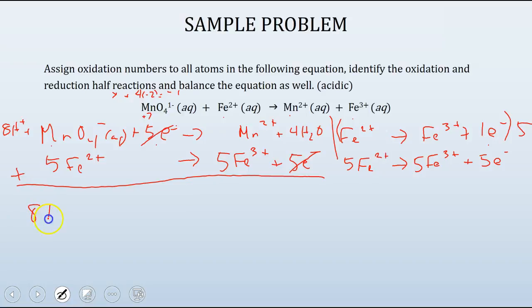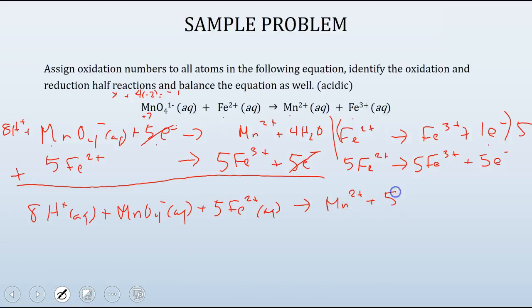So I have 8 hydrogens in aqueous solution, plus 1 permanganate ion in aqueous solution, plus 5 Fe2+ ions in aqueous solution, that are going to yield 1 manganese 2+ plus 5 Fe3+, and I should be putting aqueous, plus 4 waters.